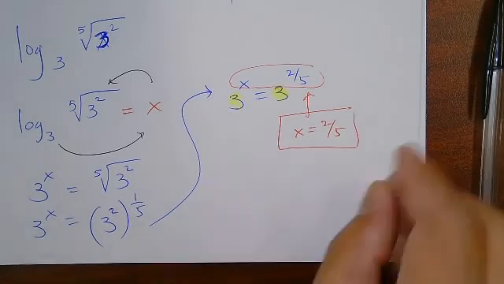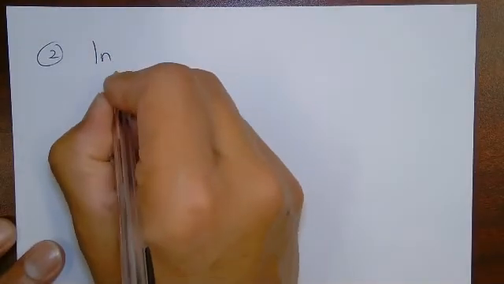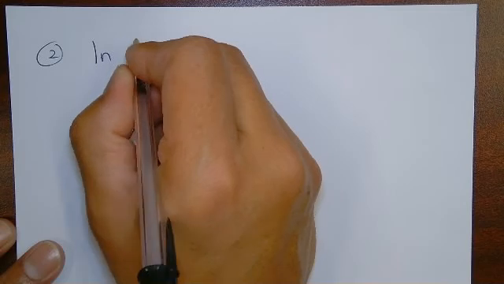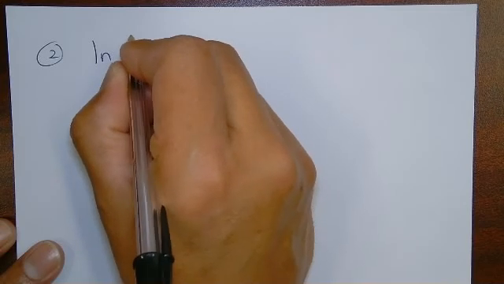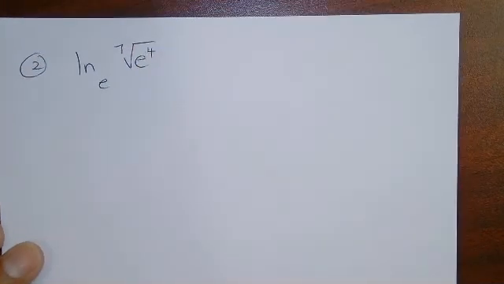You're going to see more of these on the natural logarithm problems. So number 2 will be ln of the 7th root of e to the 4, something like that.